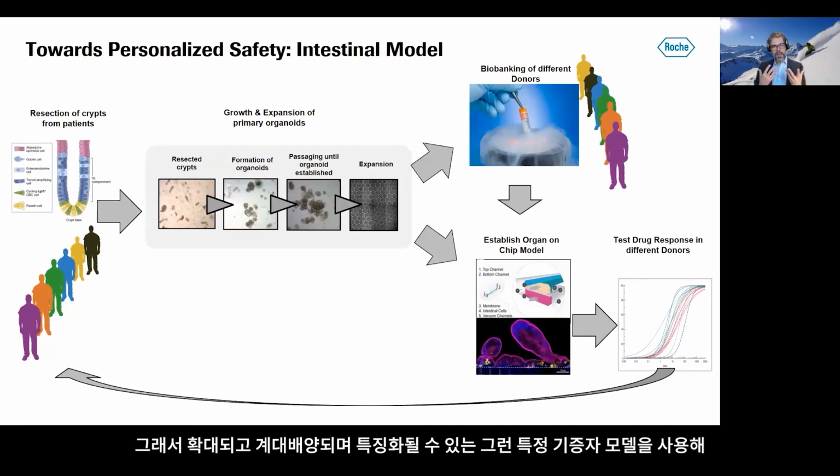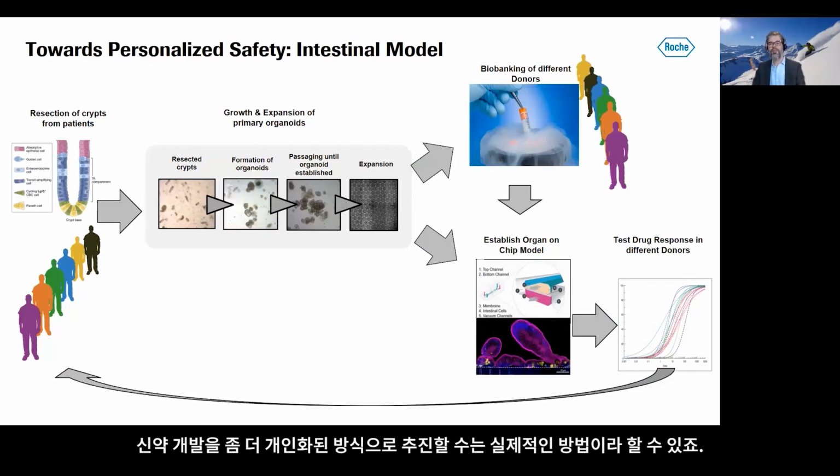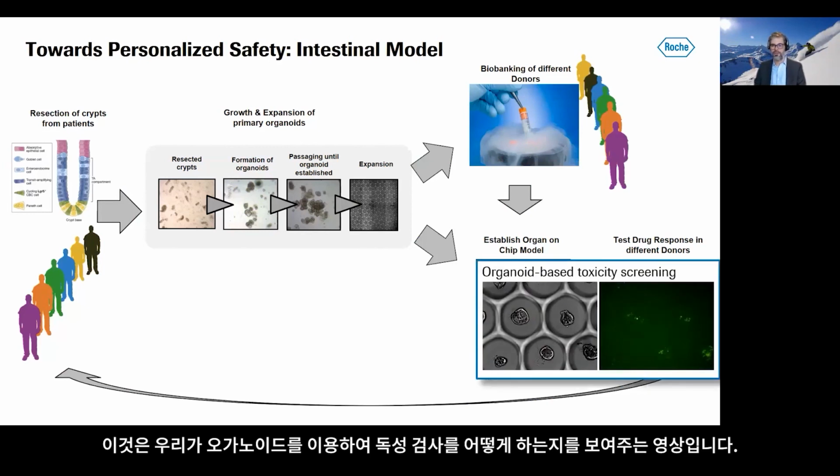So this is really a way to address a more personalized approach towards drug development by using such donor-specific models that can be expanded and passaged and characterized. So this is just a movie on how we do organoid-based toxicity screening.